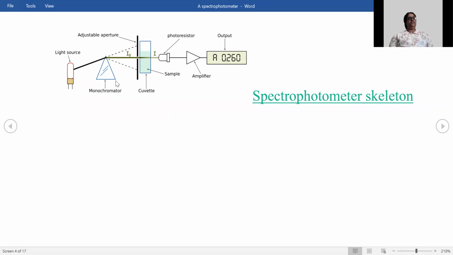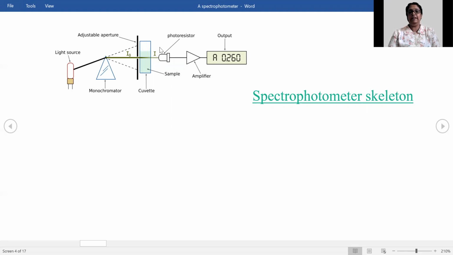So when you pass light from the light source through a prism, it splits and gives light of various wavelengths. Now, there will be an adjustable aperture, and this aperture will be used to send the light of only the required wavelength and of the required intensity through it.